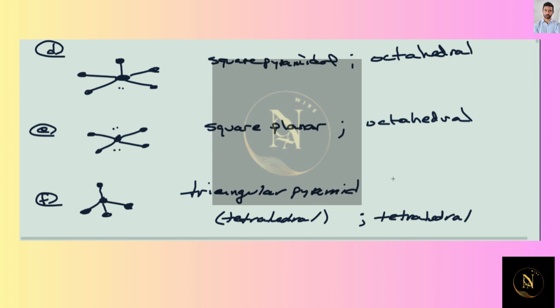But otherwise, it is a weird type of trigonal bipyramidal, where we'd have an extra lone pair of electrons there. But either way, if you're not familiar with the triangular pyramid shape, I would go tetrahedral.